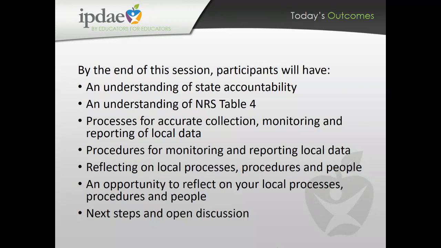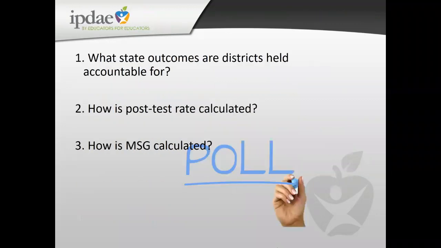So let's start first by taking a poll, and let's see if you know what the state holds us, the districts and the state colleges, accountable for when it comes to our ESOL and ABE data. There's going to be a poll that's launched for the first question, and then we'll come back to the other 2 questions.